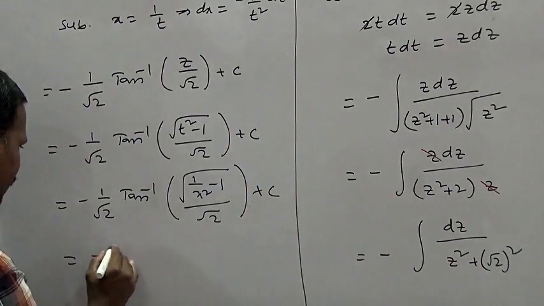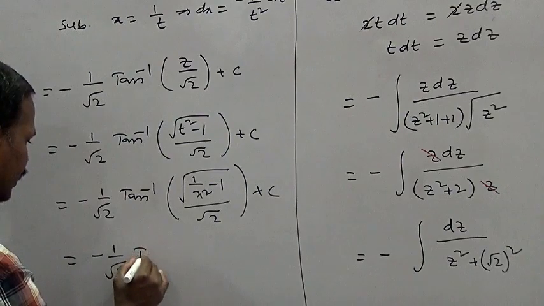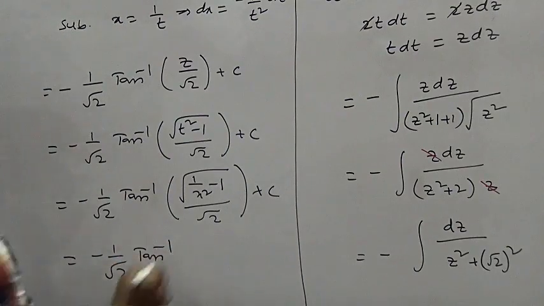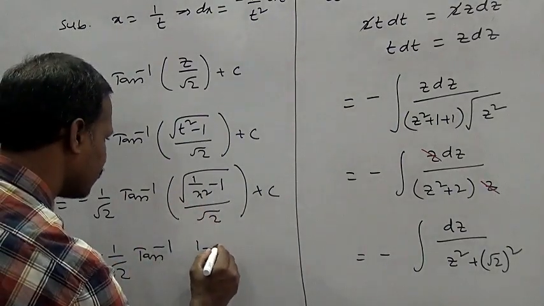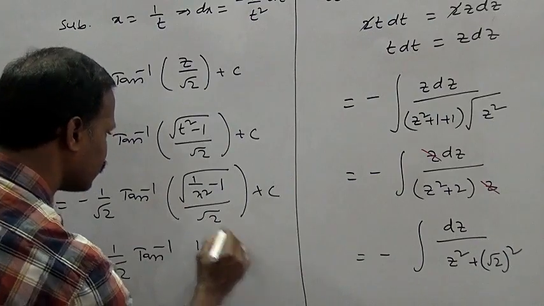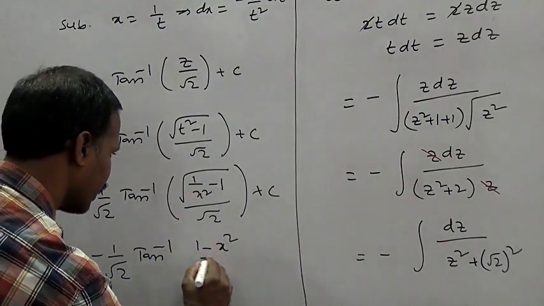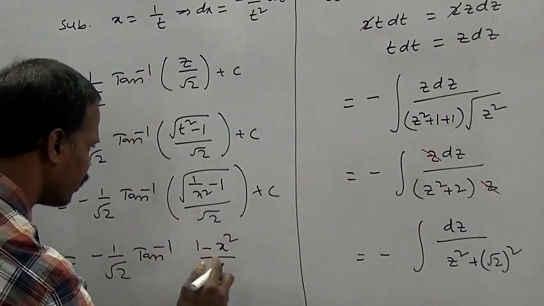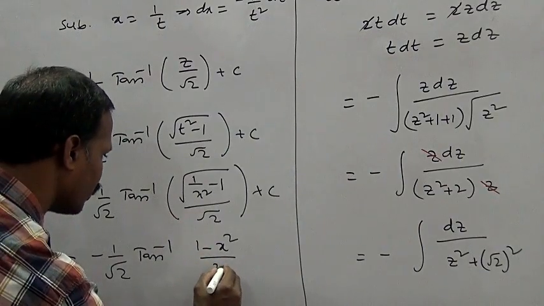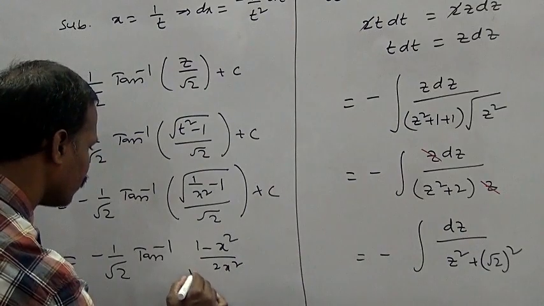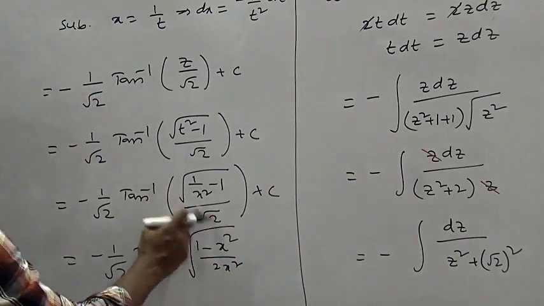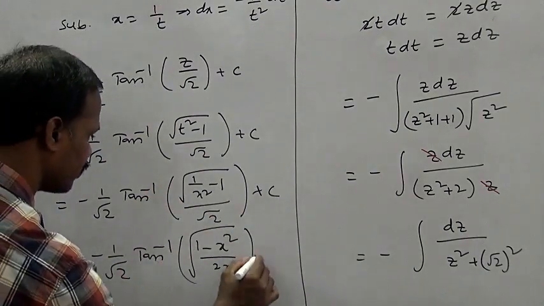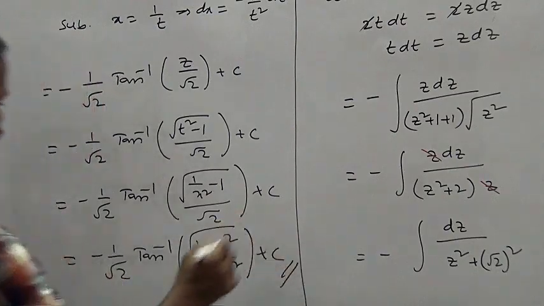So this is equal to minus 1 by root 2 tan inverse of square root of 1 minus x square by root 2 x square, plus c. Understood?